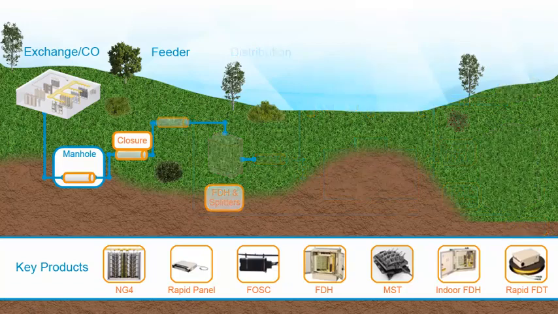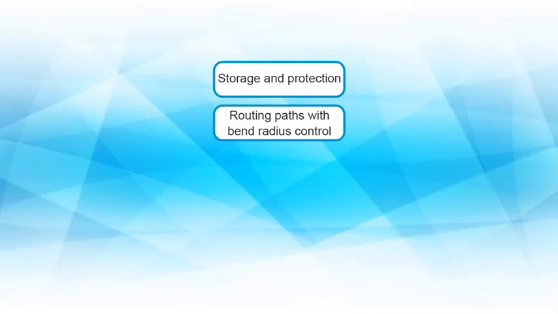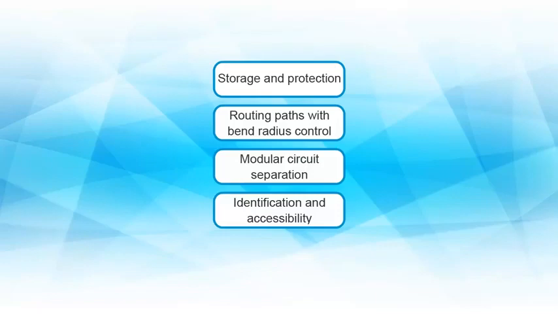The four primary elements of a strong fiber cable management system provide storage and protection of fibers, splices, connections, passive optical components, and cables; fiber and cable routing paths with bend radius control; modular circuit separation to reduce transient losses in adjacent groups of optical circuits; and lastly, fiber and cable identification and accessibility. Executing these concepts correctly enables the network to realize its full competitive potential.